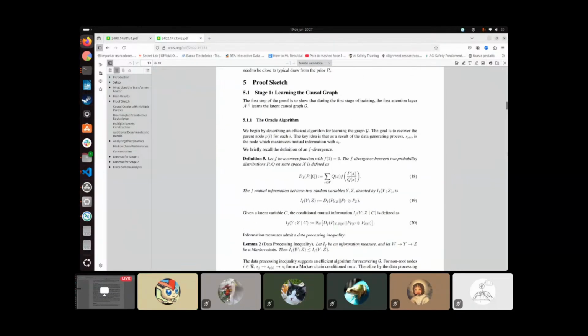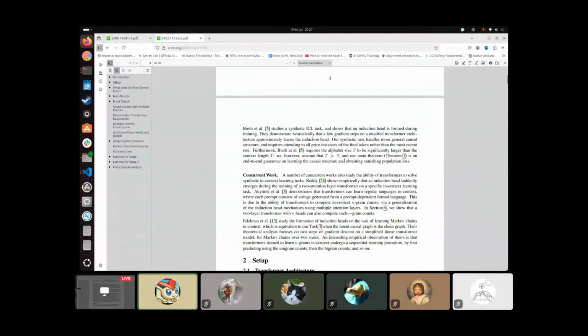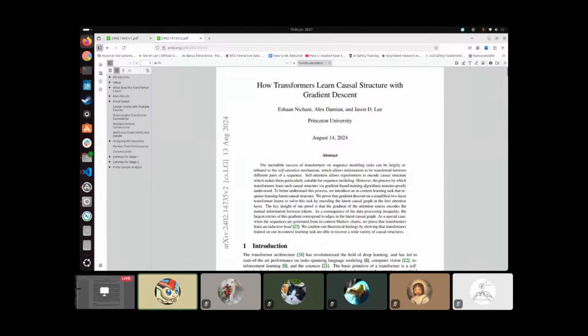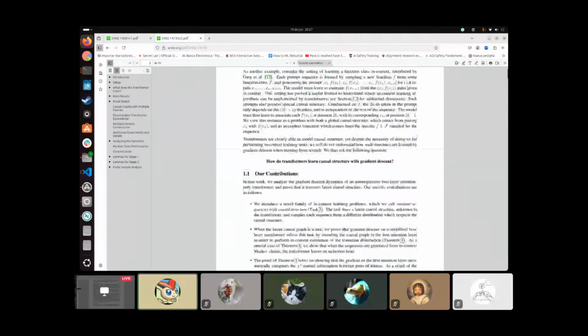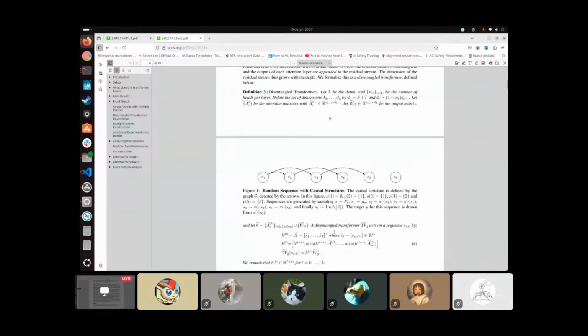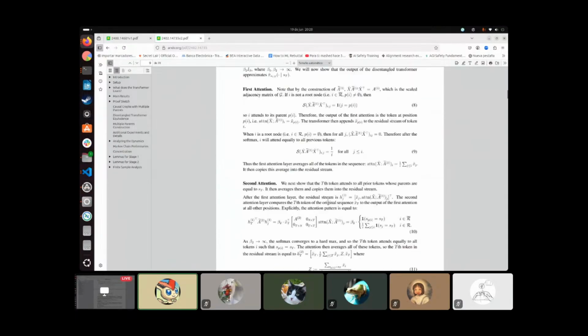They make a nice dataset for how models learn in a toy task, so a transformer learns to do causal inference according to them, and they reverse engineer how that works. Yeah, they have a bunch of things about some Markov chain causal structure and how the model basically learns that.